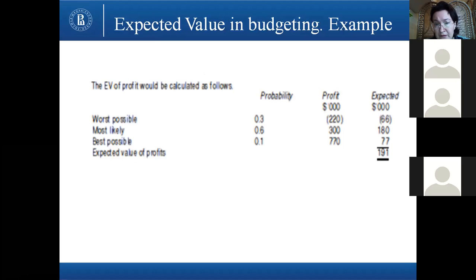My next slide illustrates the example when we use different scenarios of profit. We use the probability and different figures for profit corresponding with the scenarios and the probability, and we get the expected profit, and the sum of expected profits per scenario allows us to get the expected value of profits.